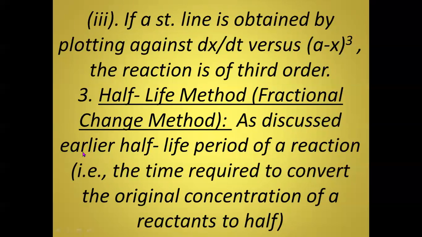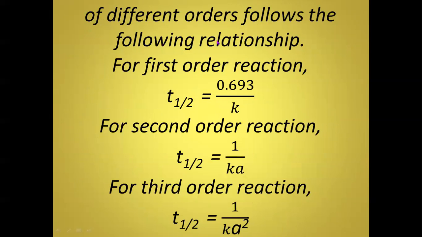So as discussed earlier, the half-life period of a reaction, that is the time required to convert the initial concentration of a reactant to its half, for different orders follows the following relationships.